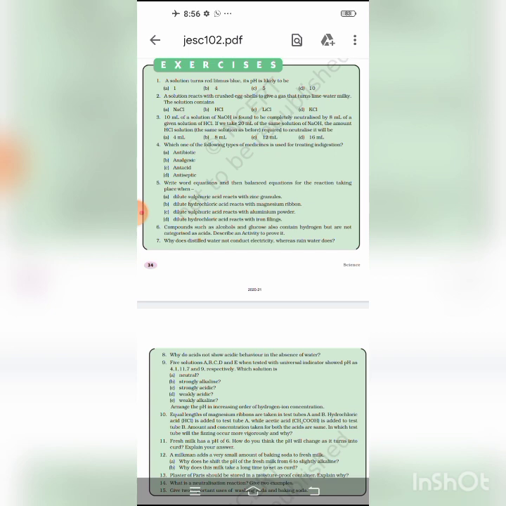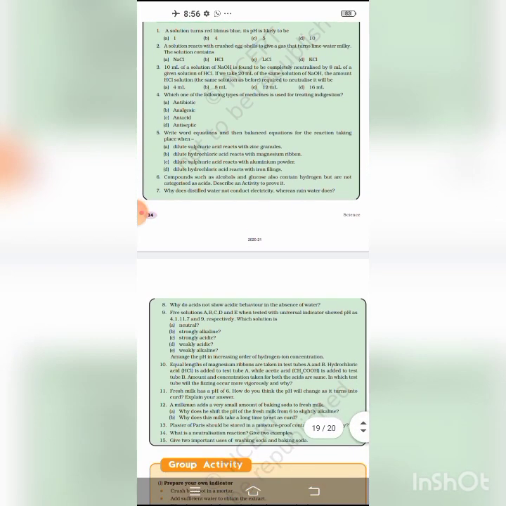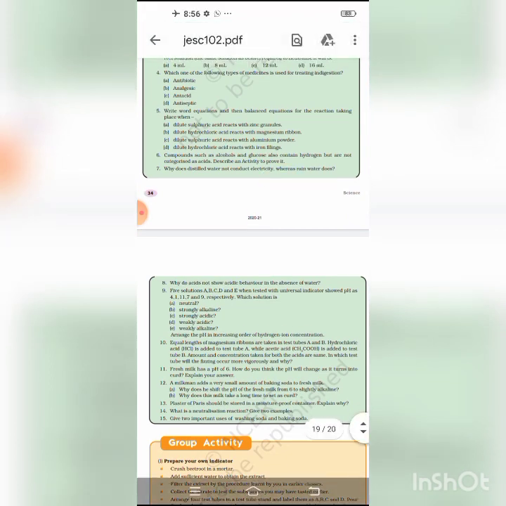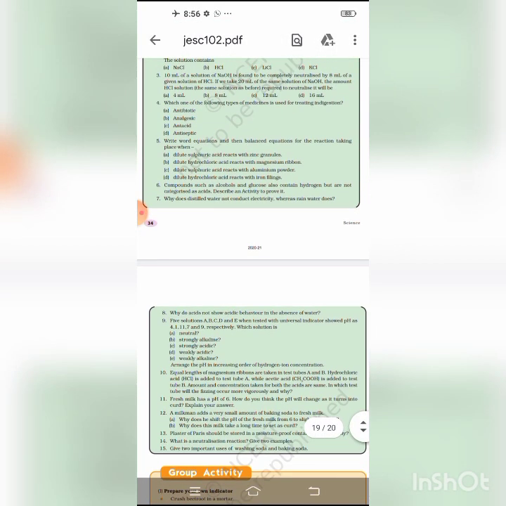Okay, now student, look at your third question. Question number 3. 10 ml of a solution of sodium hydroxide is found to be completely neutralized by 8 ml of a given solution of HCl.